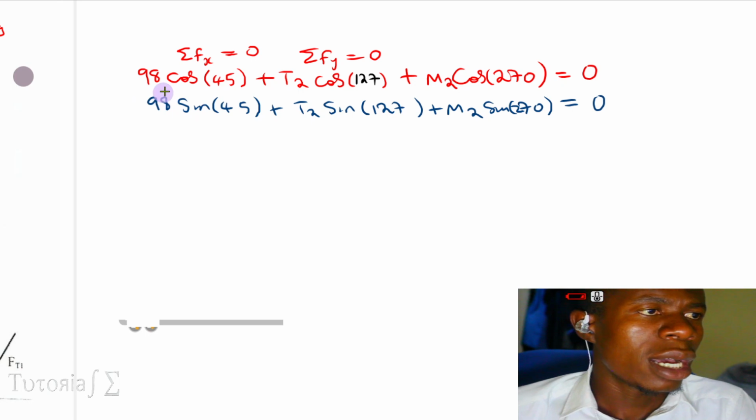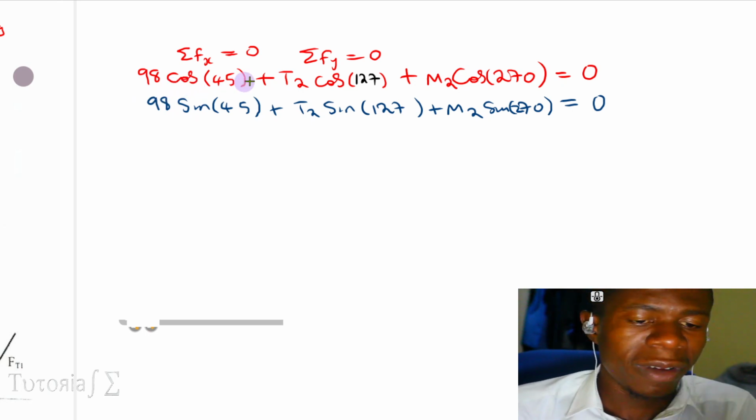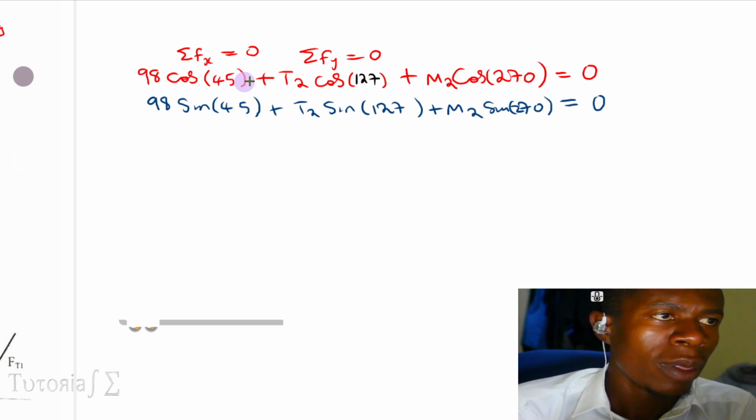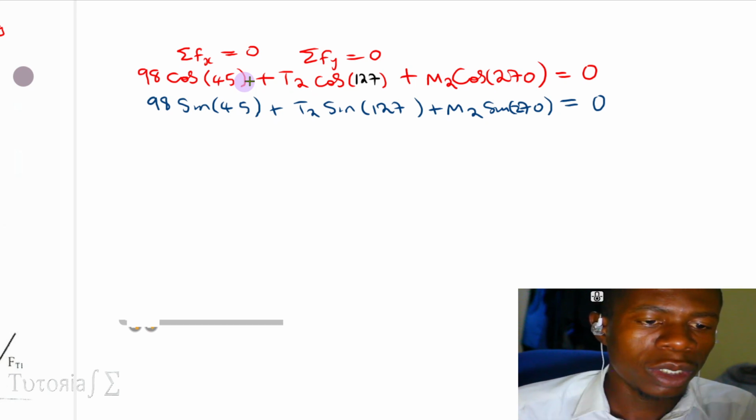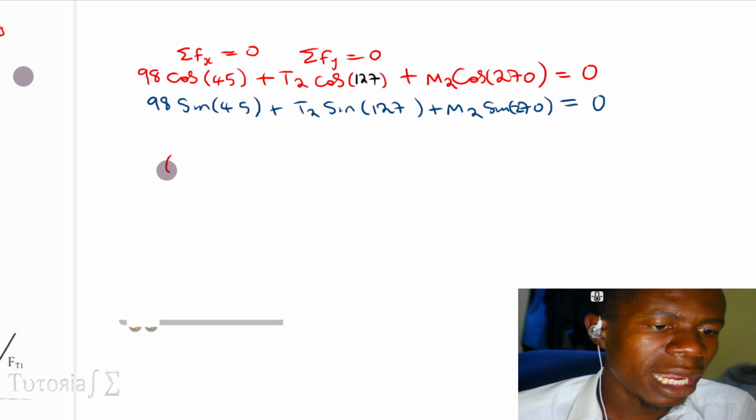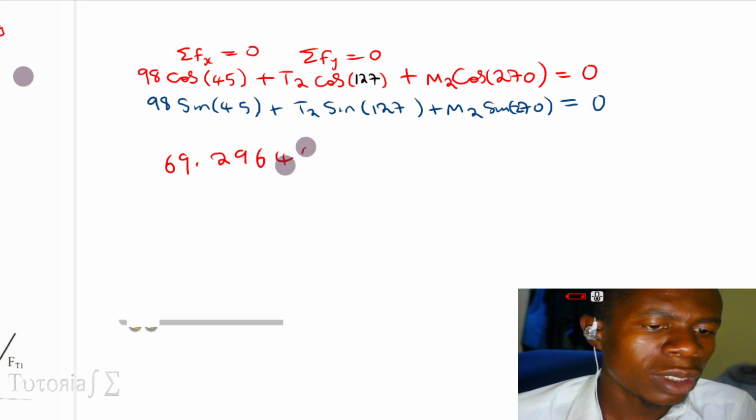So 98 cos 45 is 98 times cos 45, which gives me 69.2964646. Don't round off yet.